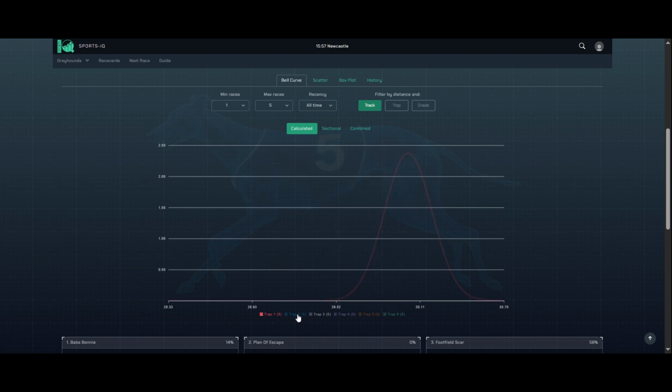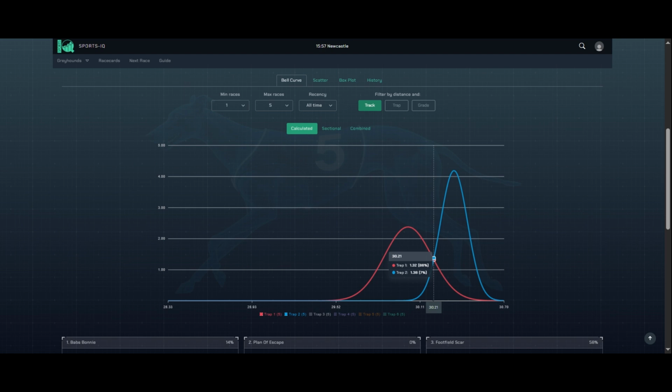So if I bring another dog in now, let's bring trap 2 in, and I move our cursor to where the two curves intersect, where these two dots meet one another. So it's roughly there. Now the blue, or trap 2, fast side of its curve is intersecting with the slow side of the red trap 1 curve.